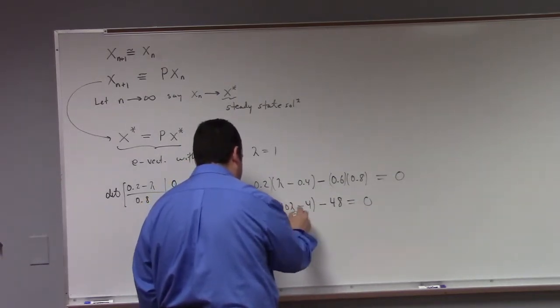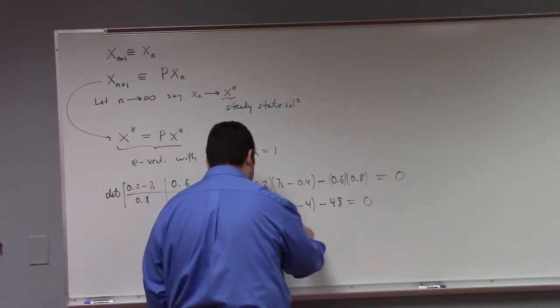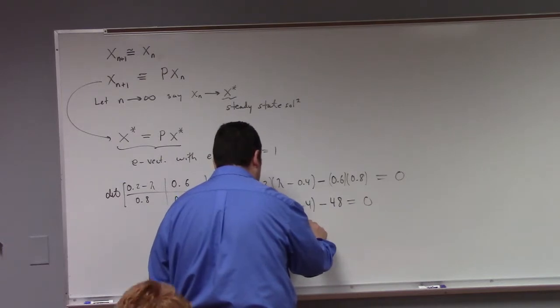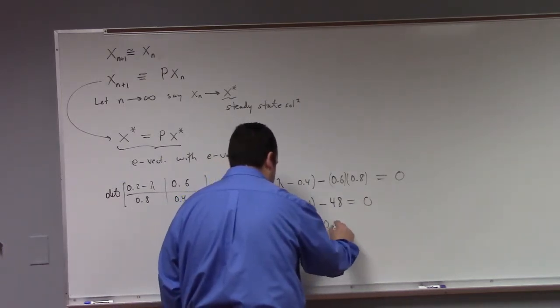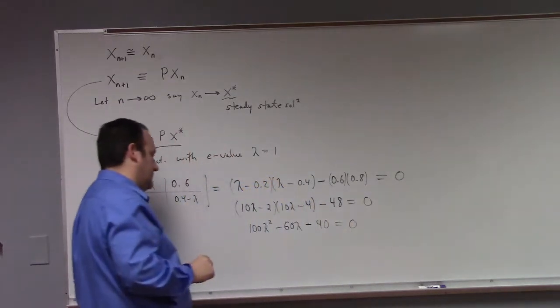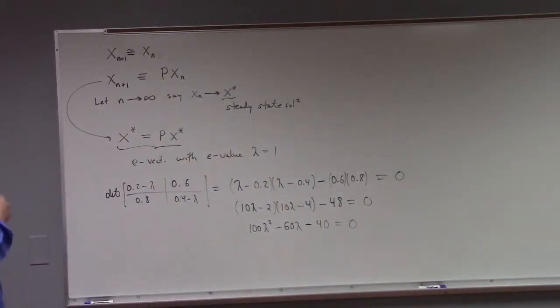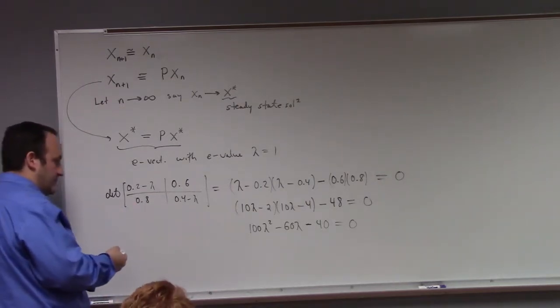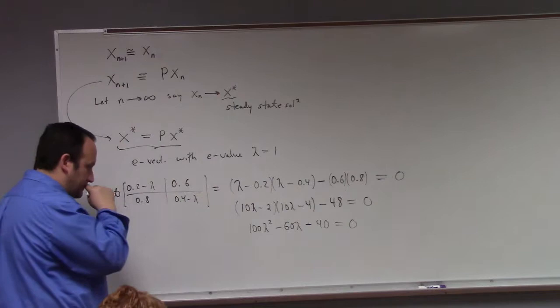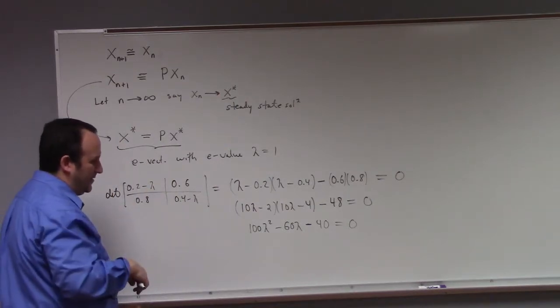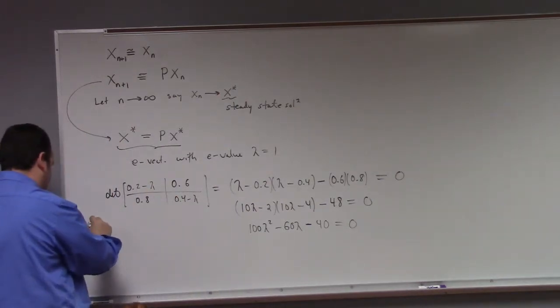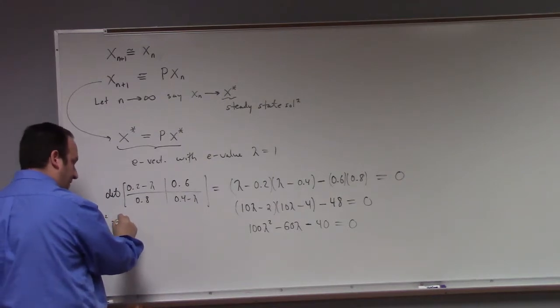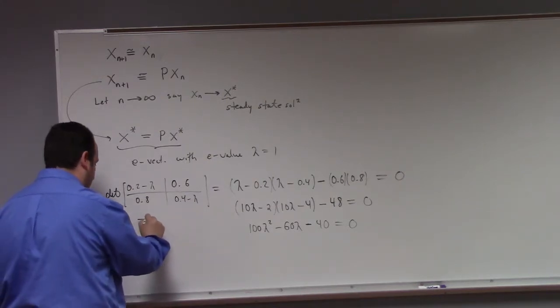Minus 20 minus 40, which is minus 60 lambda, plus 8, so that's minus 40. I'm going to divide by 10. I've got 10 lambda squared minus 6 lambda minus 4 equals 0.